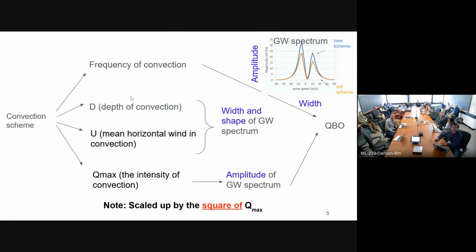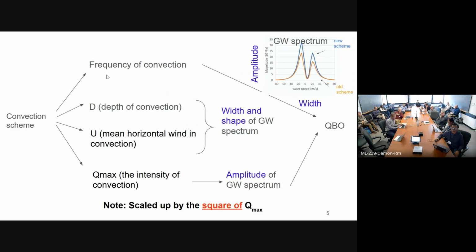From the heating profile, we can get 4 very important parameters. First is the frequency of convection, and the second is the depth of convection, which is the depth from the top of convection to the bottom of convection, and U, which is the mean horizontal wind averaged in the convection, and the maximum heating rate, which measures the intensity of the convection.